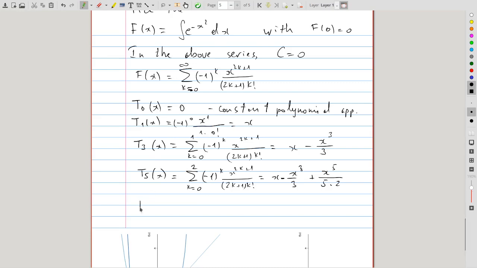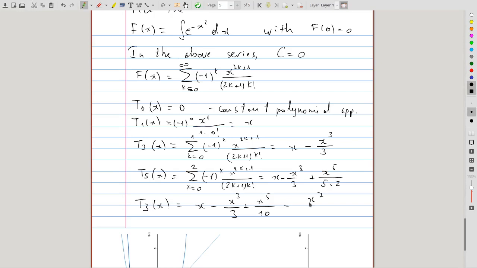And let's do one more. Let's write down t7, and so that will be the sum for k from 0 to 3. We'll get the same formula, so let's just skip the formula. And the new term that we'll get is as follows. We have these 3 terms, and then we'll have minus x to the 7th, because we have 2 times 3, because the value for k will be 3.